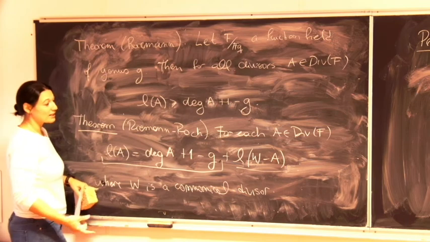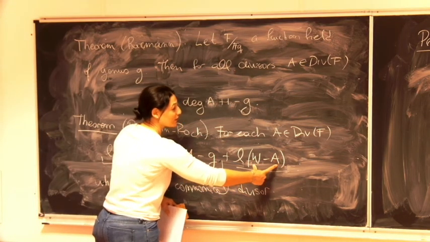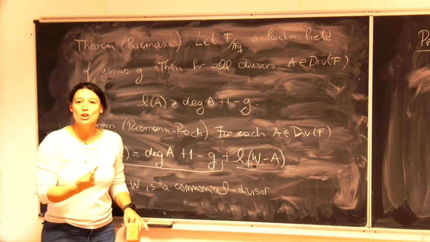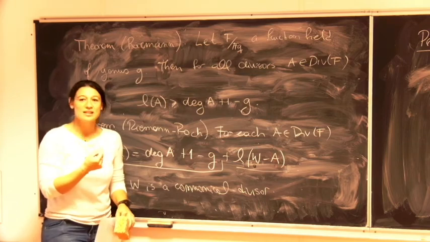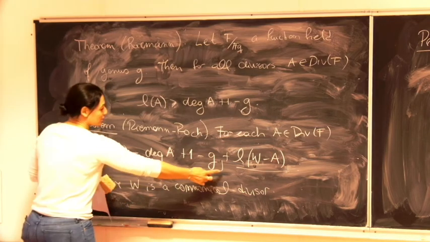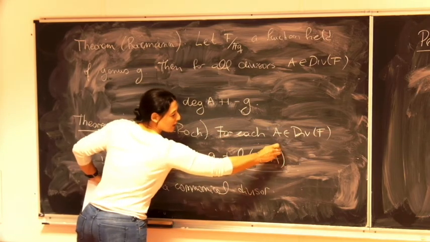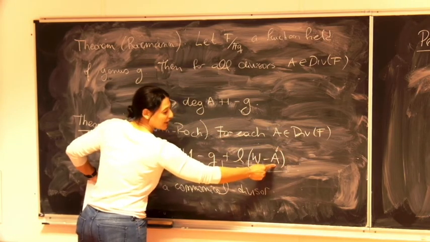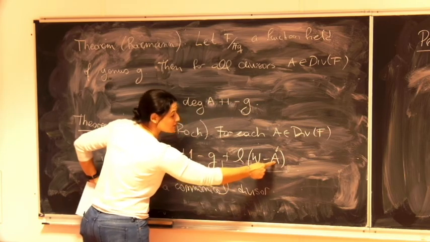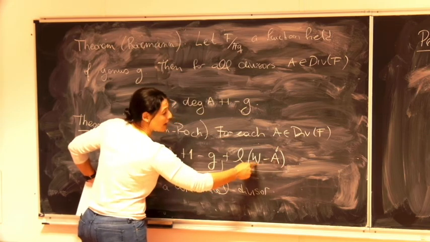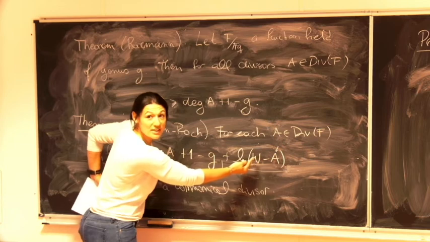And we know that if this is a negative divisor, then the dimension of the Riemann-Roch space is 0. For that, what I need is that the degree of A is bigger than the degree of this canonical divisor, because then I'm going to get here a negative divisor, and so the dimension is going to be 0.